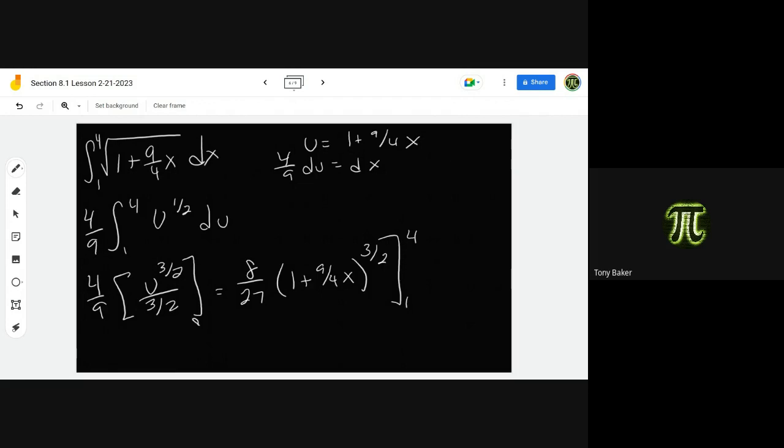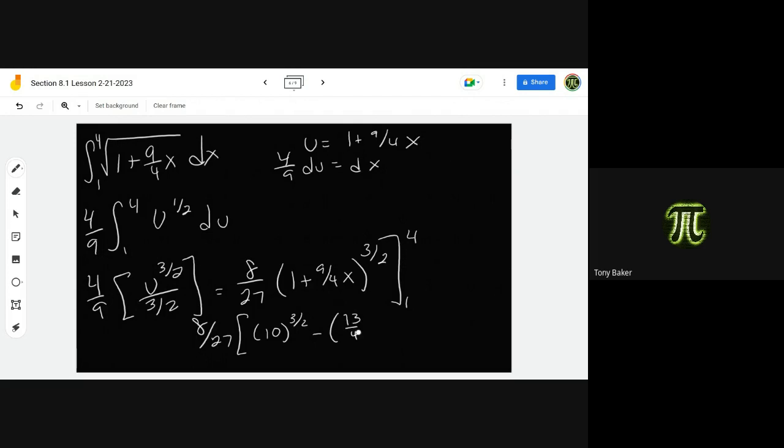So we've got 8/27. I plug in 4, I get 9/4 times 4, which is 9, plus 1 is 10. So I get 10 to the 3 halves, minus, if I plug in 1, I get 9/4. 1 plus 9/4 is 13/4.